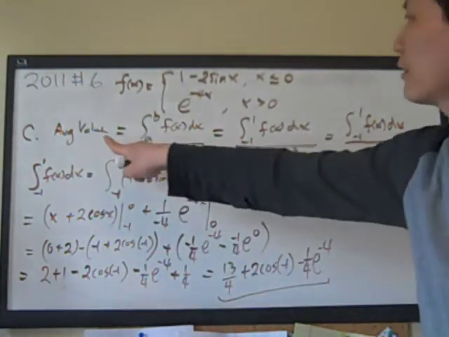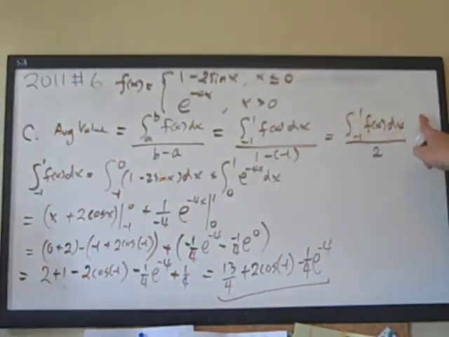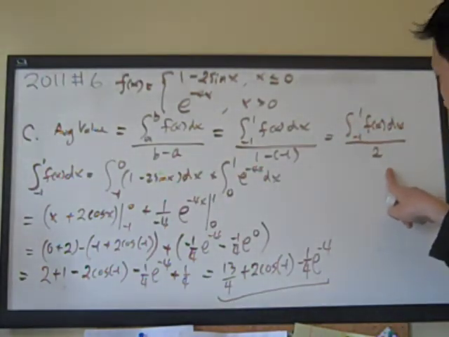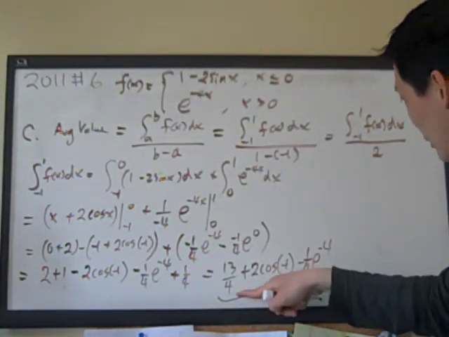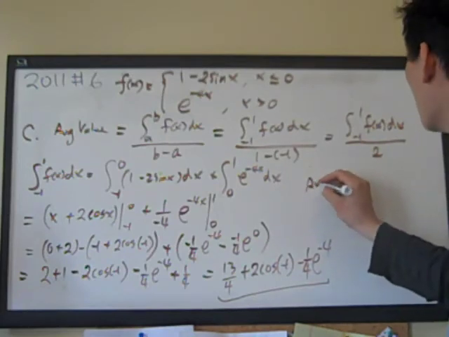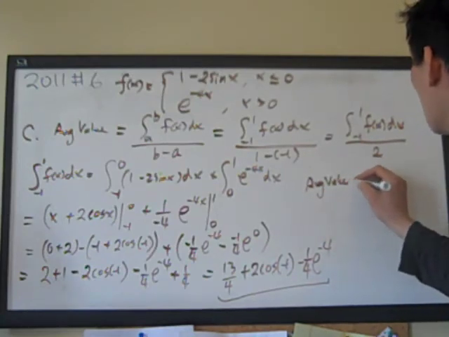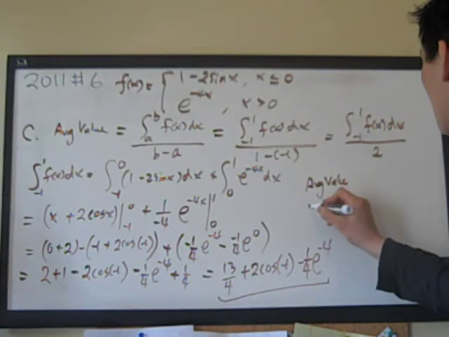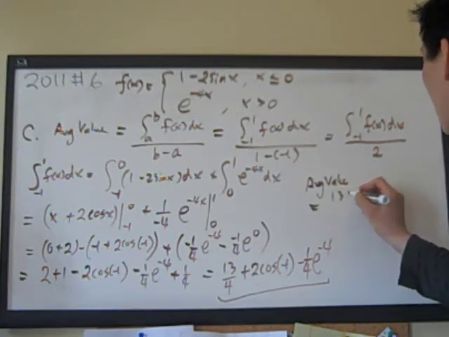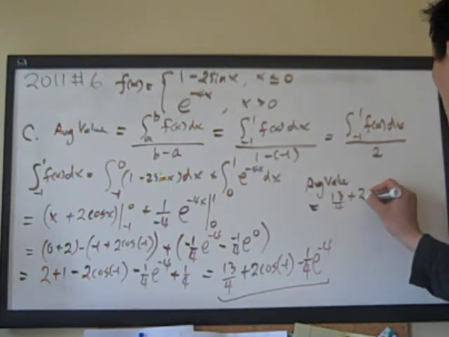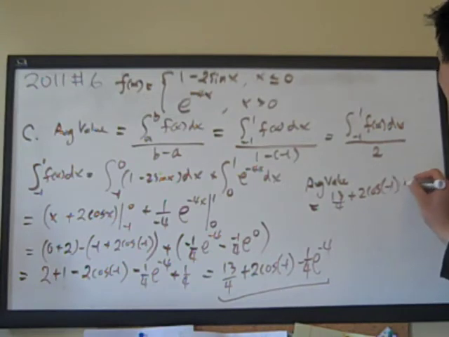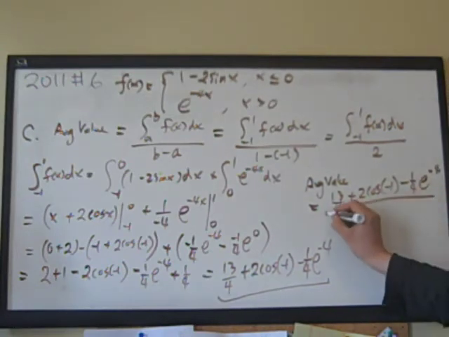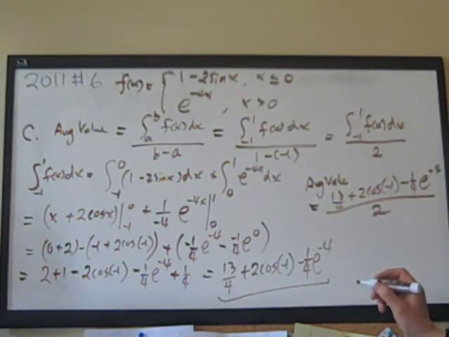But notice, the average value is equal to the integral divided by the domain, which in this case is 2. So we must take this divided by 2. So the average value is equal to 13/4 plus 2 cosine -1 minus 1/4 e to the -4, divided by 2.